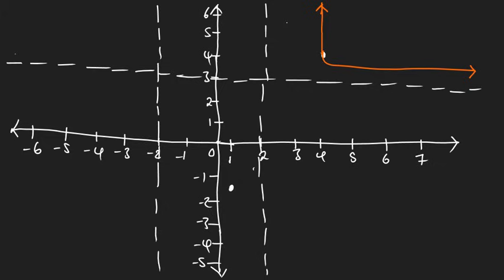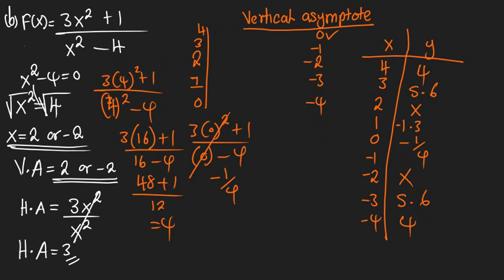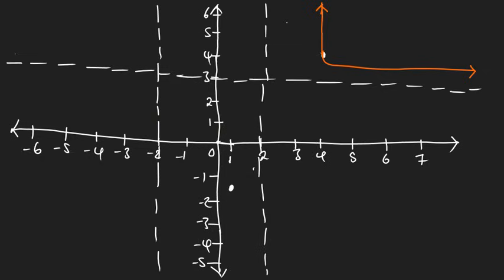You don't know where it's going, so you leave it. You go 0 comma negative 1 over 4. 1 over 4 is the same as 1 divided by 4, 0.25. So this is going to be the point. You see? So already it's now showing you how it's going to flow.